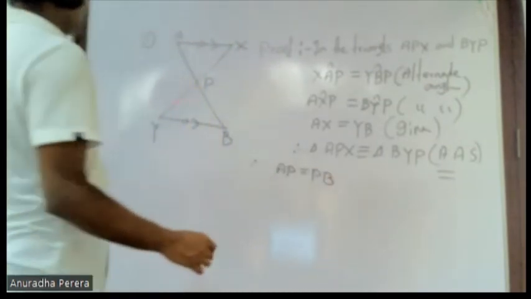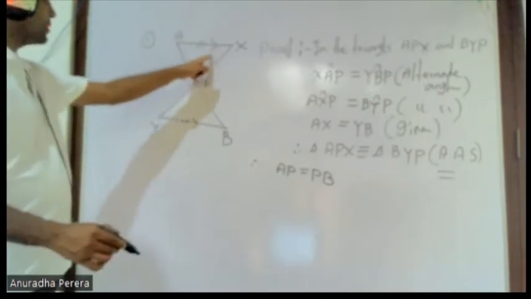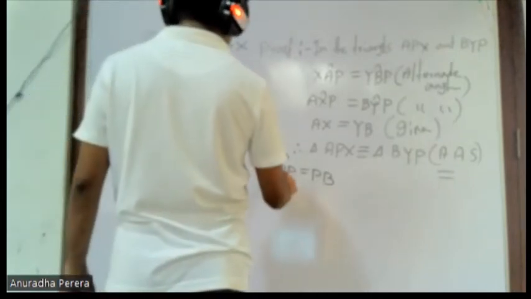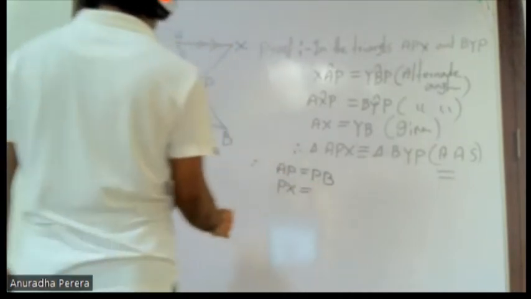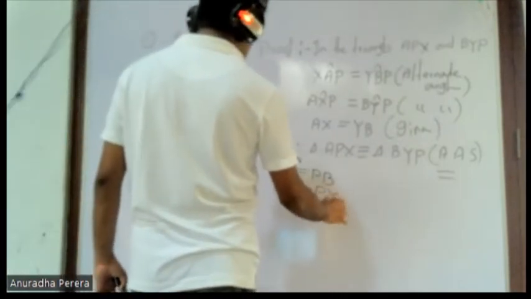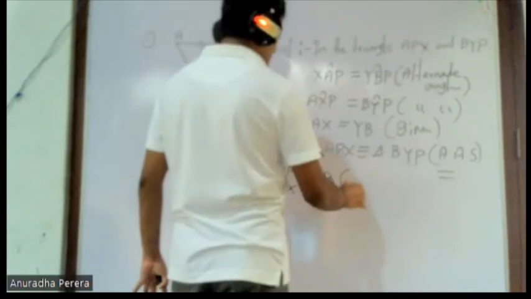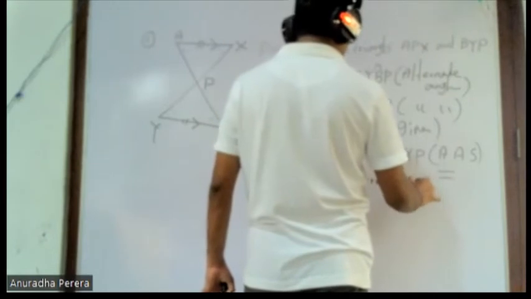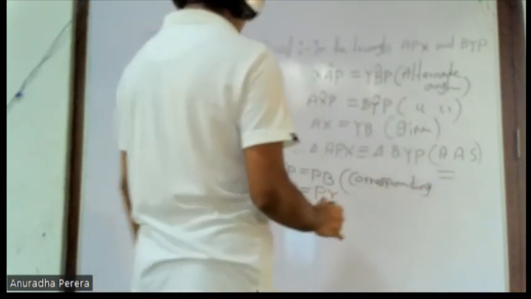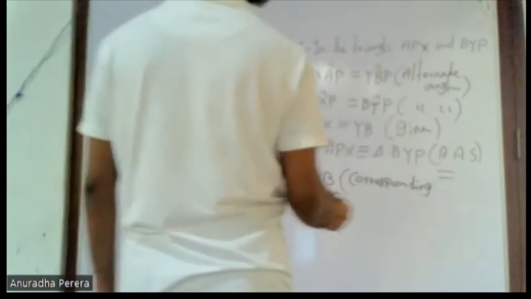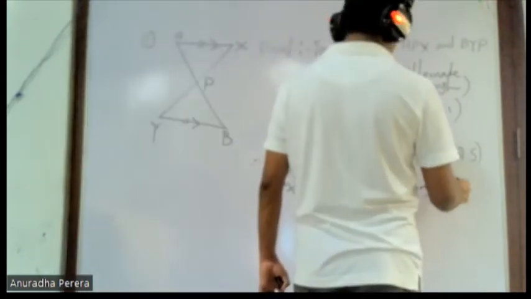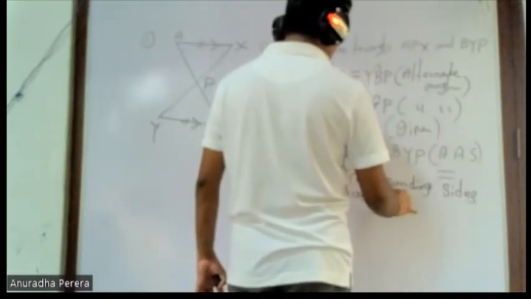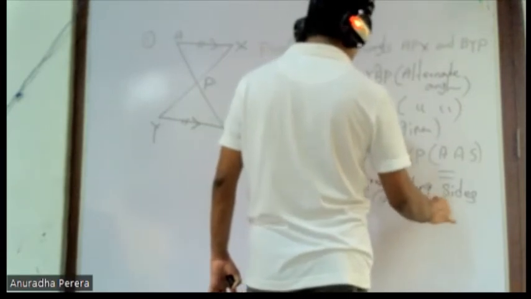And also AP, right, AP. These are the equal angles. Opposite side. And PX equals PY. Right? Corresponding sides of congruent triangles.